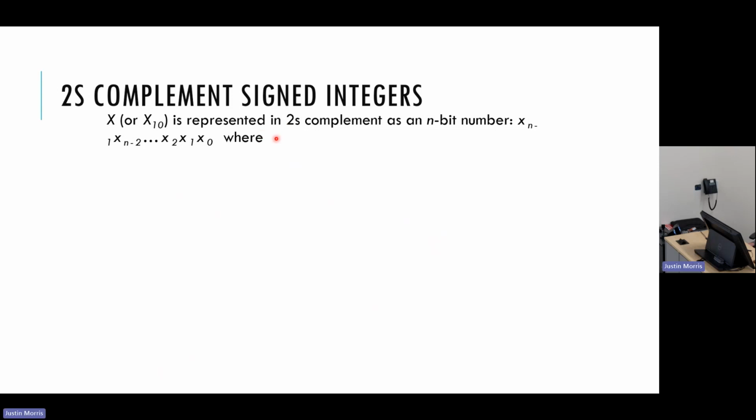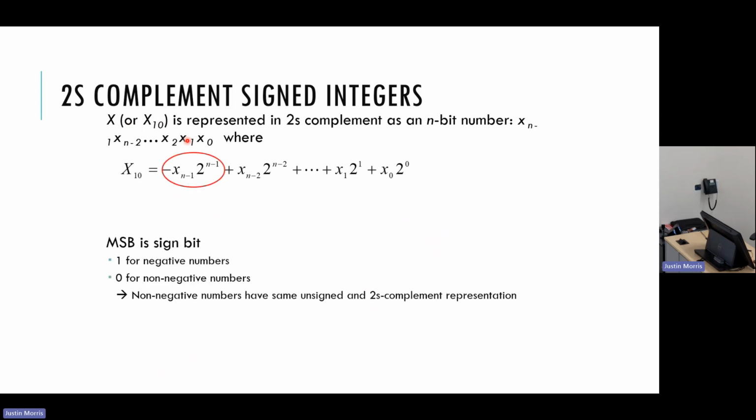So we need a way to represent signed numbers in binary, and the format that we use and the standard that we use is called 2's complement.